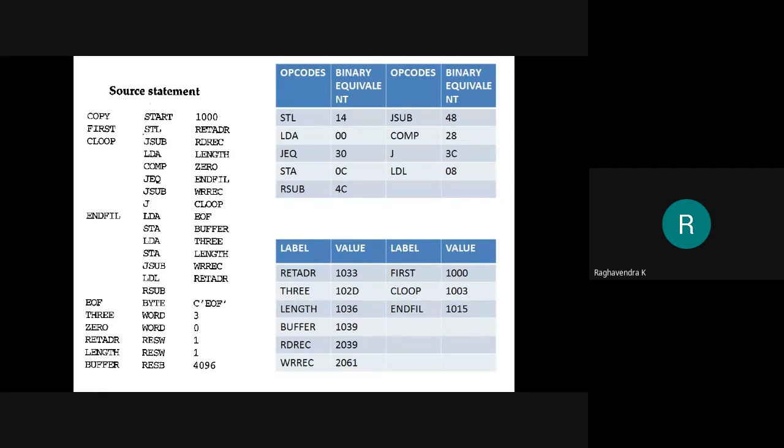So what is STL? STL is 14. What is RETADR? I know the value, 1033. It's that easy. Next, JSUB. What is JSUB? 48. Next, read record. Have we assigned an address for read record?